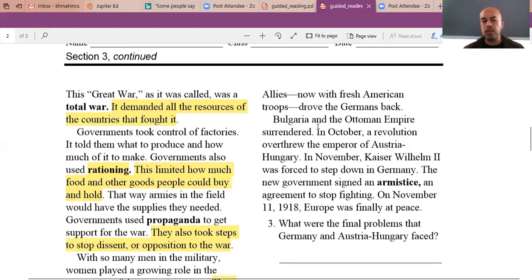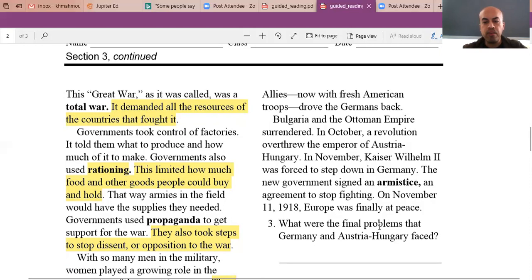Bulgaria and the Ottoman Empire surrendered. In October, a revolution overthrew the Emperor of Austria and Hungary. In November, Kaiser Wilhelm II was forced to step down in Germany. The new government signed an armistice, an agreement to stop fighting. On November 11, 1918, Europe was finally at peace.